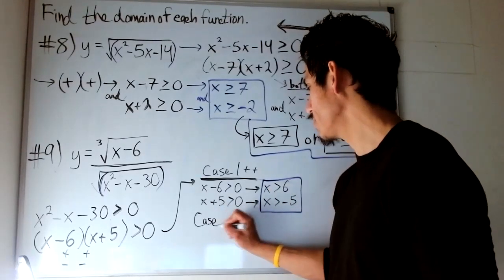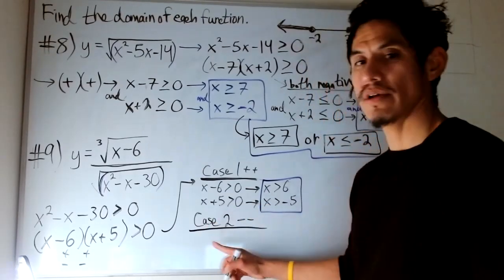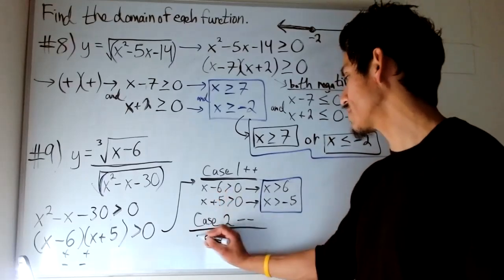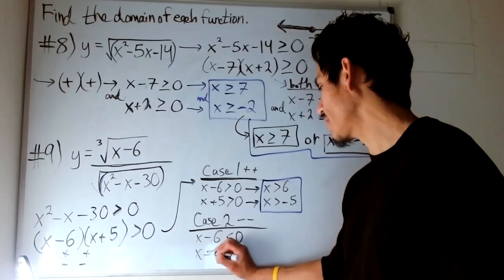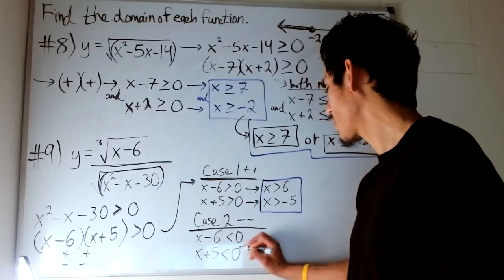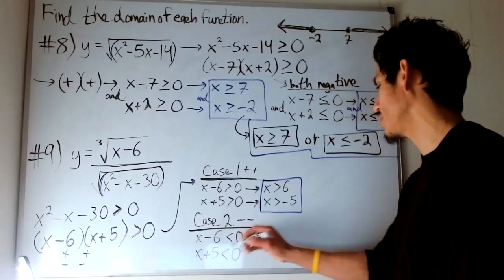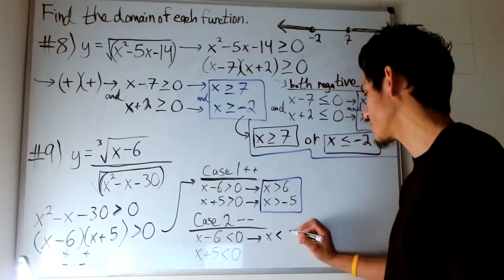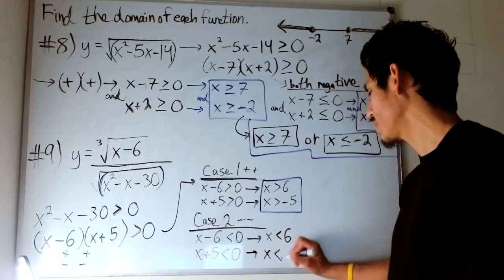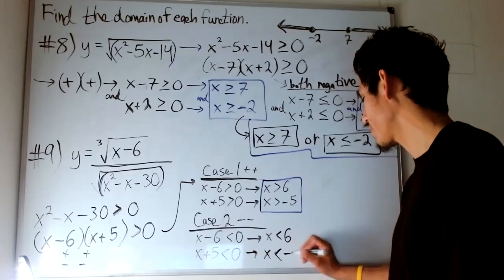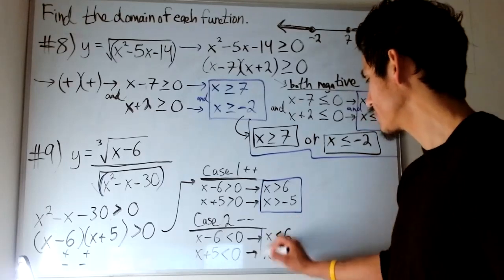Now for case 2, if they're both negative, a negative times a negative, then we go x minus 6 is less than 0, and x plus 5 is less than 0. That means x has to be less than 6, and x has to be less than -5. All right.